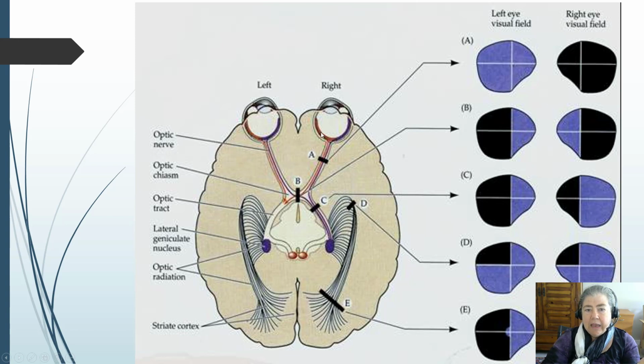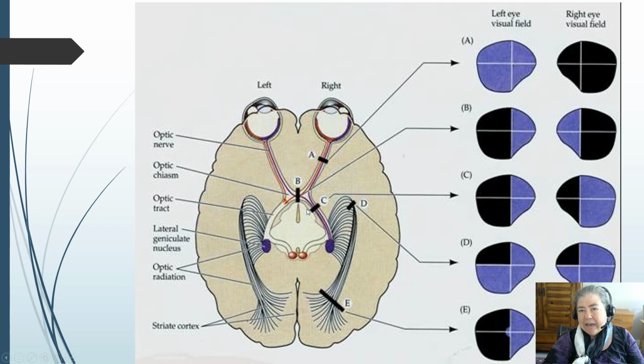Okay. And here we have an illustration showing that a lesion of the right optic nerve causes blindness in the right eye. A lesion at the optic chiasm causes something we'll call hemianopsia. We're losing half of our vision, and it is temporal hemianopsia.